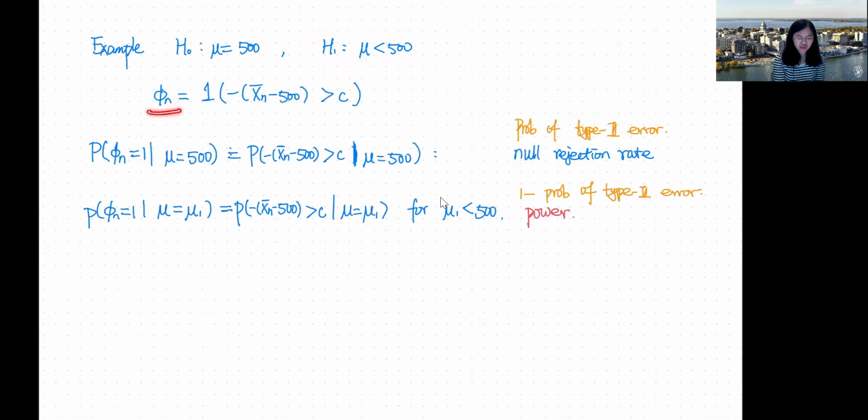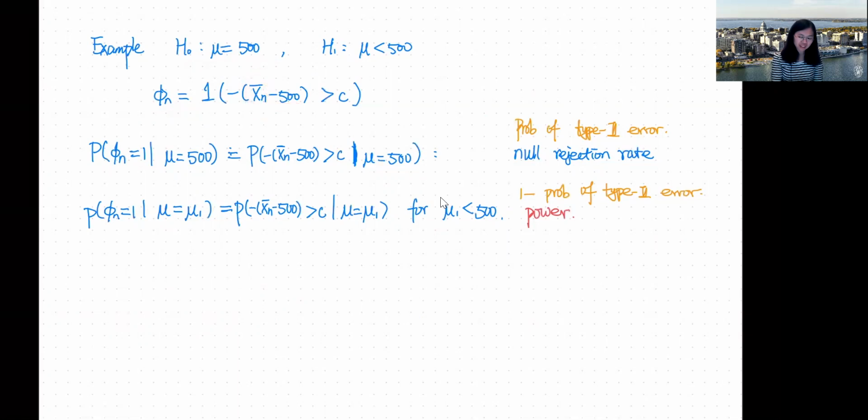Suppose we consider a hypothesis test that rejects the null when the estimated expected runtime is too much below 500.